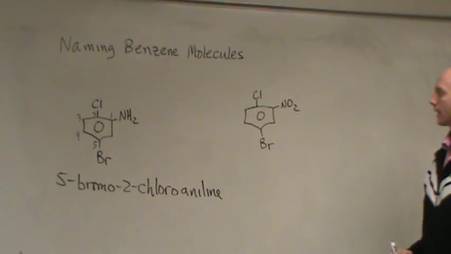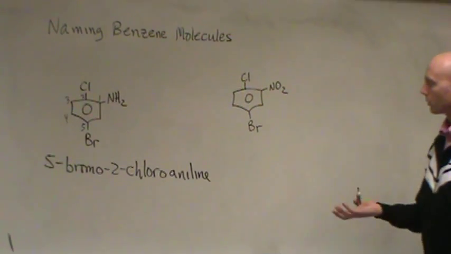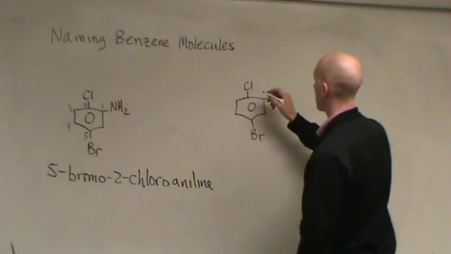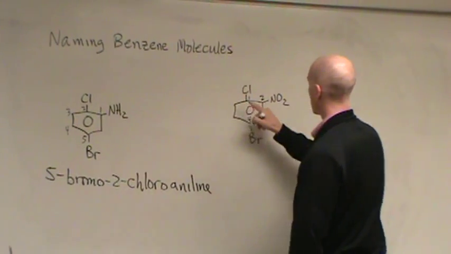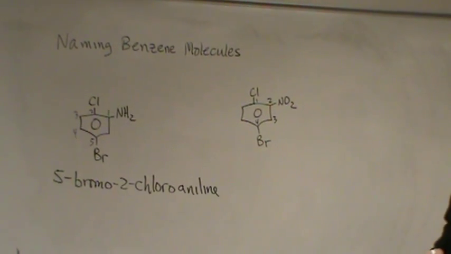So something like this. Here you would want to start the numbering so you get the lowest numbering all the way around. There's no priority group. So the best way to number would be to start with the chlorine and come down that way.